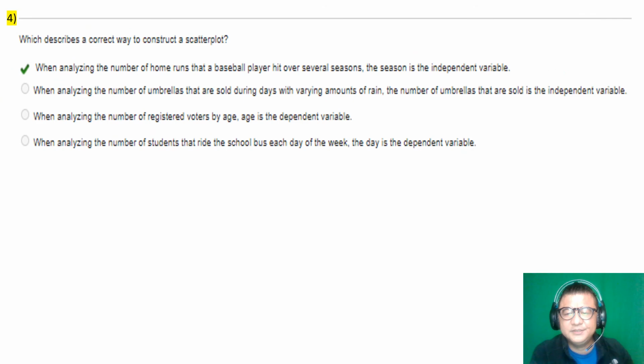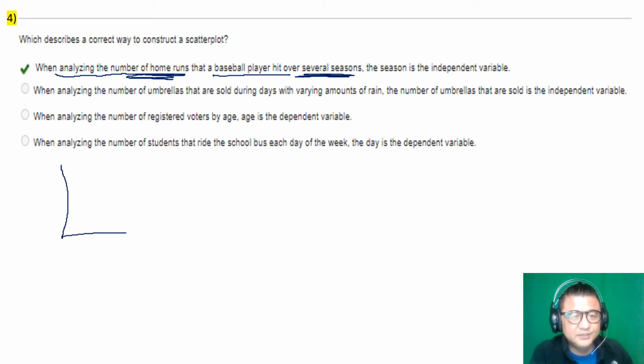All right, for this one, there are 4 things that we need to analyze. Let's start with number 1. When analyzing the number of home runs that a baseball player hits over several seasons. So these are the 2 variables. Okay? So where does the season come in? The season is the independent.